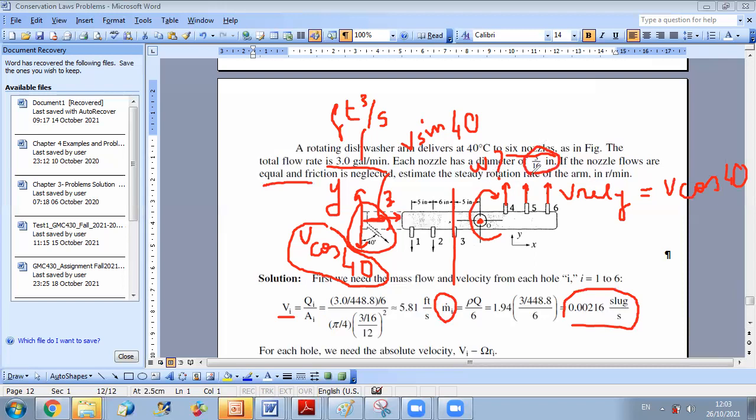Please pay attention to units. To convert inches to feet, you have to divide by 12. This is why they divided by 12 here. And here they divided by 448.8 in order to convert units from gal per minute to feet cubed per second. Okay? So now you have the velocity.